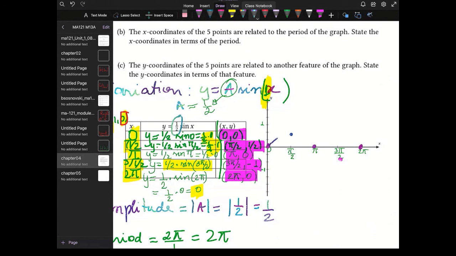And again, all I need to do is consecutively connect these dots with a smooth curve oscillating like this. And that is going to be the graph of half of sine of x. Before this used to be like this. It used to go up to 1 and come down. So notice that there is a vertical difference there. Amplitude is the absolute value of a half, which is a half.